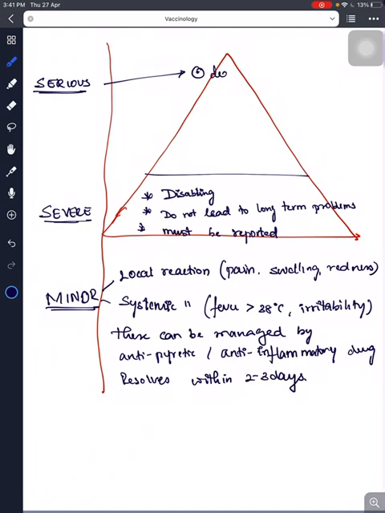Severe is a non-regulatory term, while serious is a regulatory term.